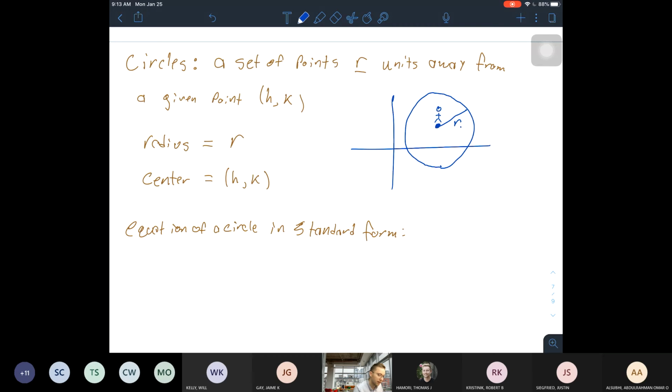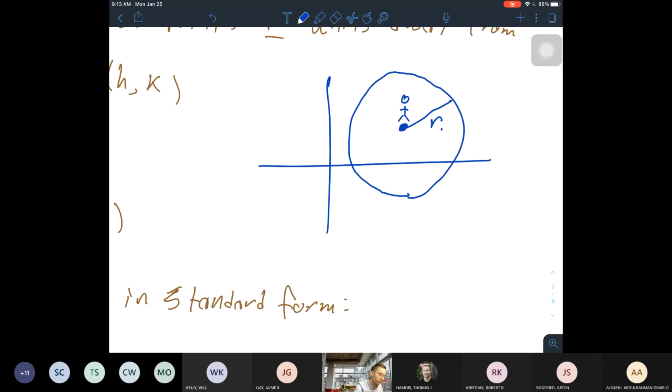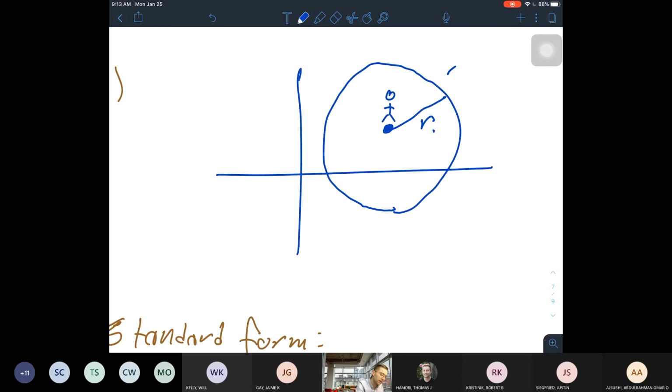Or it's like the set of points for which, you know, if you had some kind of, okay, look, I'm not an artist, but this is a horse. If you had a horse and it was on one of those mills or whatever, right?